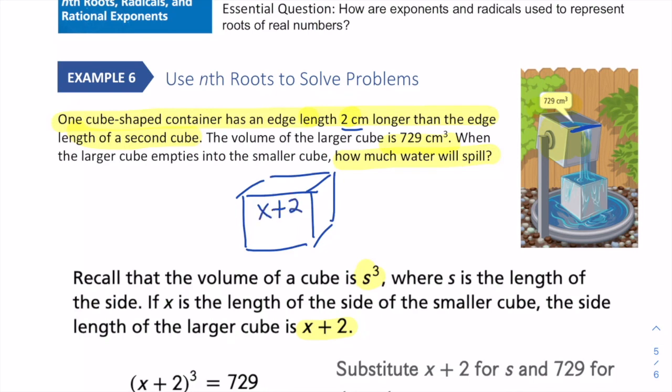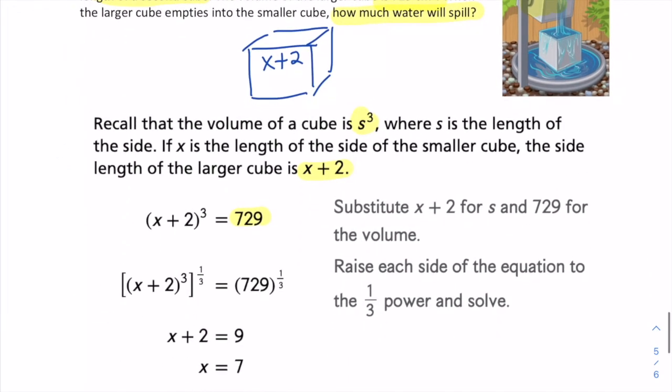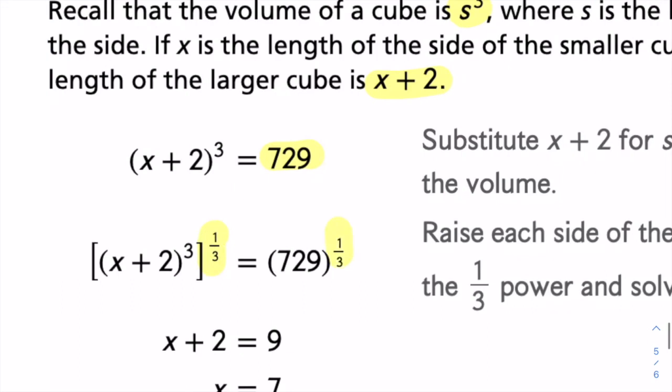So we'll have x plus 2 cubed to get the volume of the larger cube. To solve that, we'll have to raise both sides to the 1/3. And so 729 raised to the 1/3, well, that's actually 9 times 9 times 9. So x plus 2 is going to equal 9, so x must be 7.